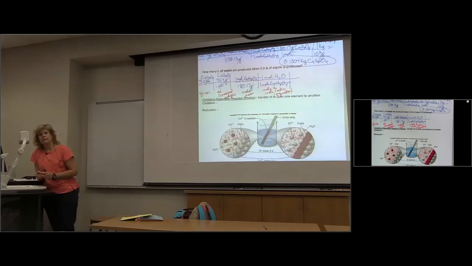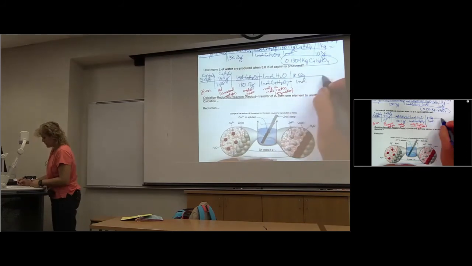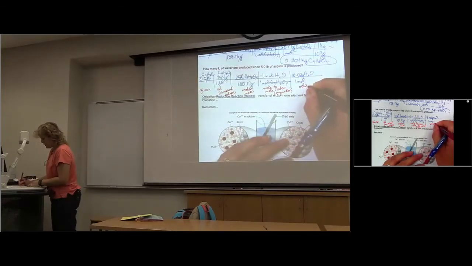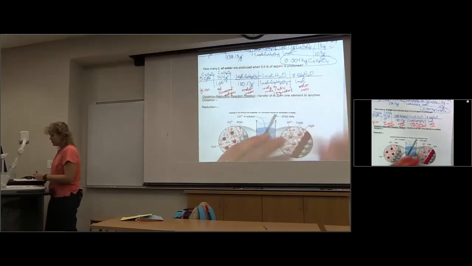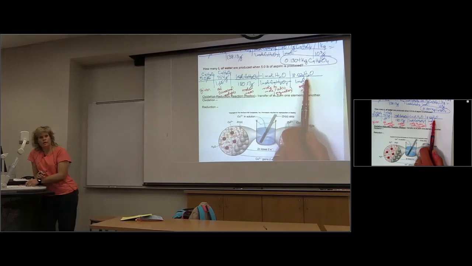What do you have to get moles of water to? Grams of water. How many grams are in a mole? 1 mole of water. So again, that's the molar mass. If you're confused as to how to find molar mass, it's 2 times 1.01 plus 1 times 16.